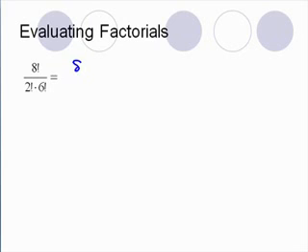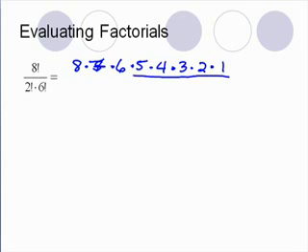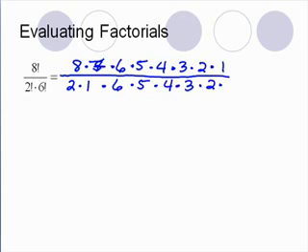So let's write out 8 factorial. We have 8 times 7, skipped a few there, times 6, times 5, times 4, 3, 2, 1, all the way down. Divided by 2 factorial, which is 2 times 1. And then we've got 6, 5, 4, 3, 2, and 1.